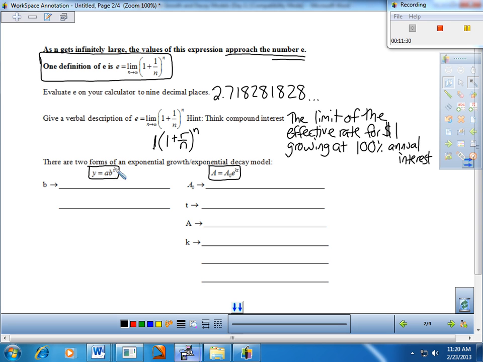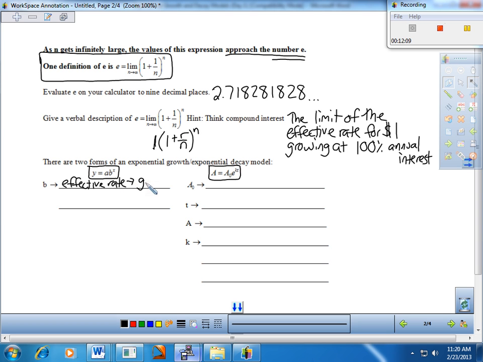Well, let's go ahead and just write some things in and then do the couple examples on the back here. So first of all, really most of it comes down to the b value in my opinion, and we'll see this on the next lesson as well. Most of the applications will revolve around b. So let's go ahead and put that in there. b is really the effective rate. I mean, that's the best way for me to describe it. It is the true growth rate in a time period.